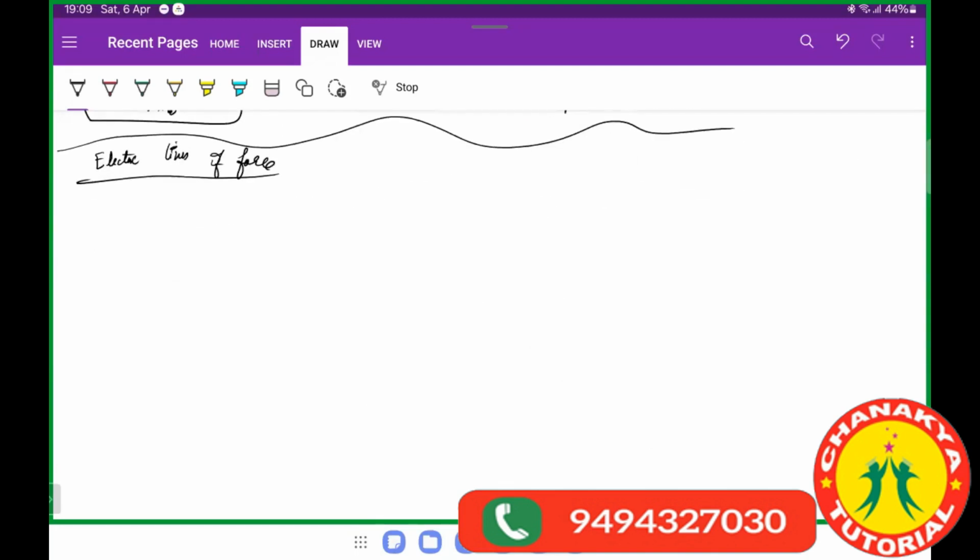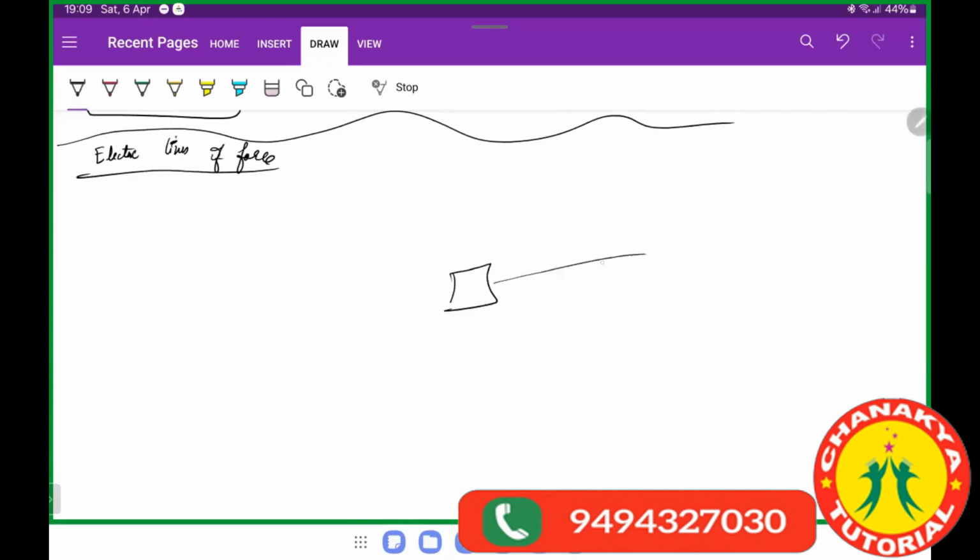Now, electric lines of force. When we talk of electric lines, it is just like the lines around any magnet. If I say a magnet has some attractive force, can we see it actually? No, we can't see. Same way, if you have been to a railway station, they have written a warning: 25,000 volts, stay away. Can we see the range?